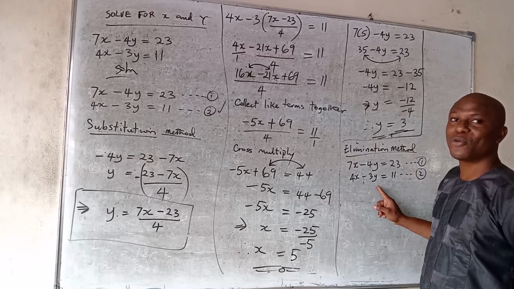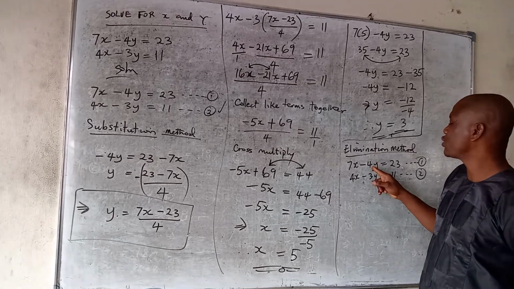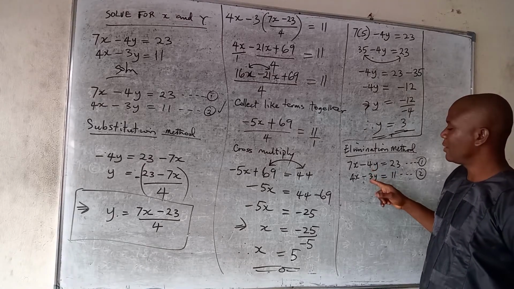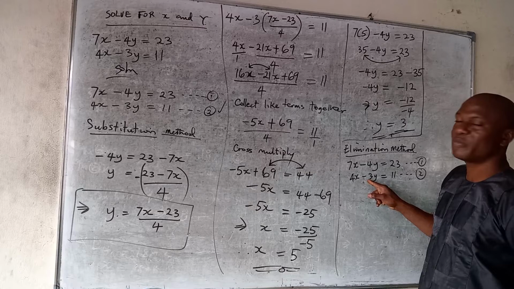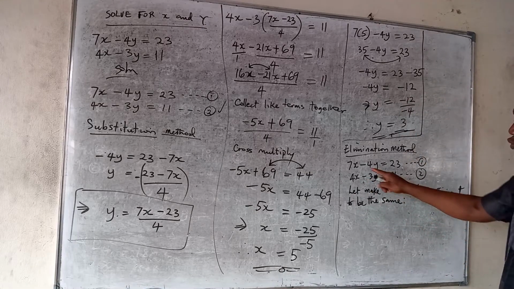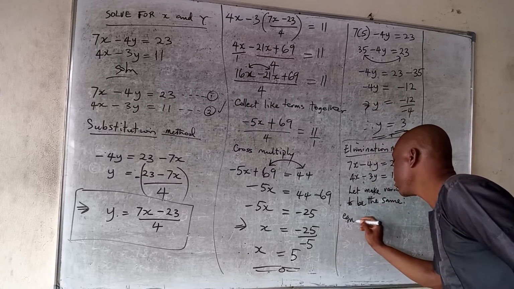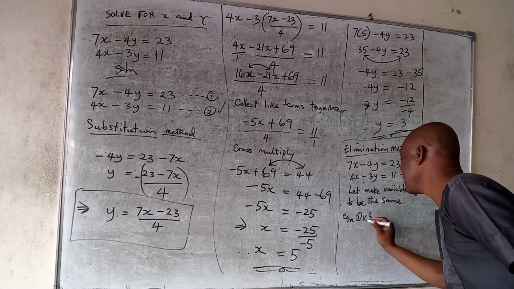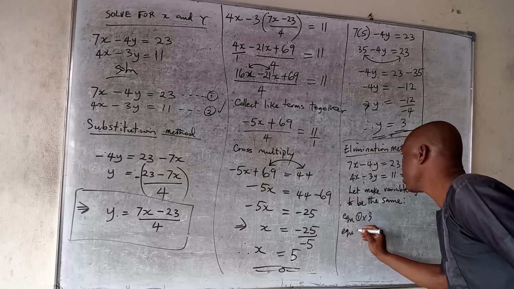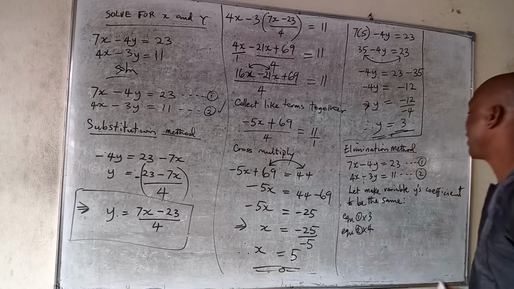Or we can make the coefficient of y the same by multiplying equation 1 by 3 and equation 2 by 4. So by doing so, we multiply equation 1 by 3 and equation 2 by 4.